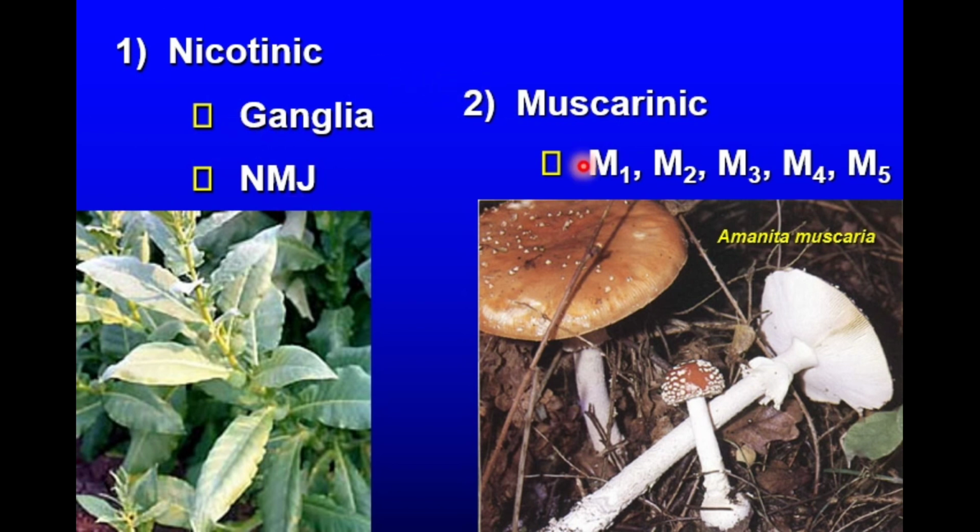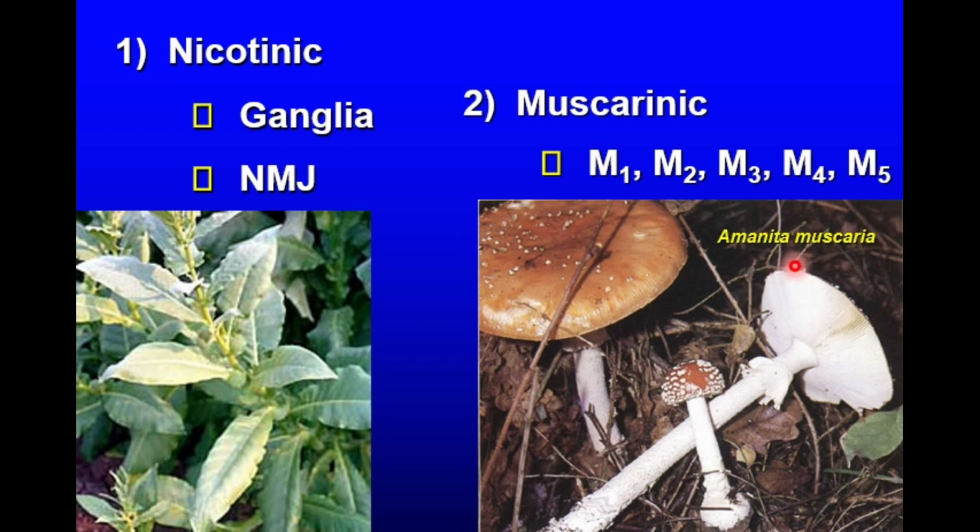On the other hand, cholinoceptors on smooth muscle, cardiac muscle, and exocrine glands were originally designated as muscarinic, since muscarine could readily mimic the action of acetylcholine at these sites.